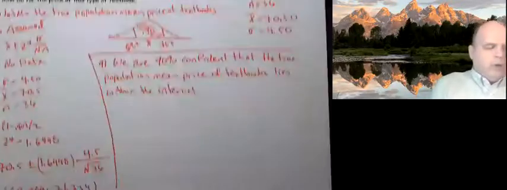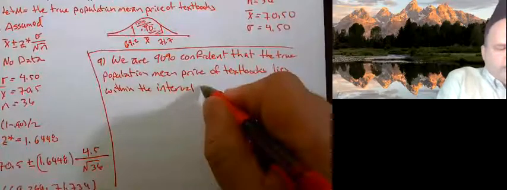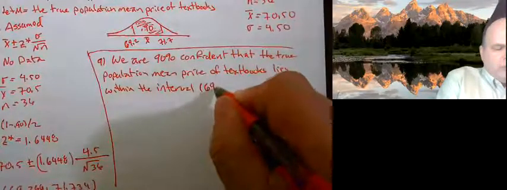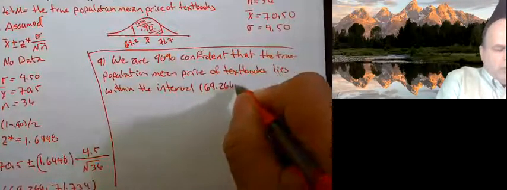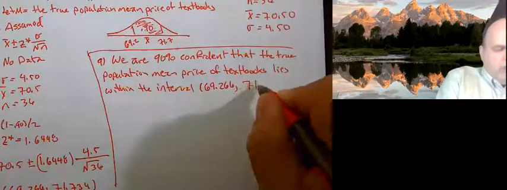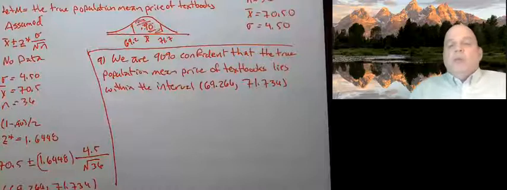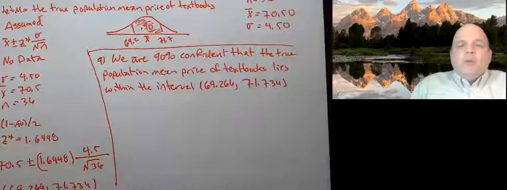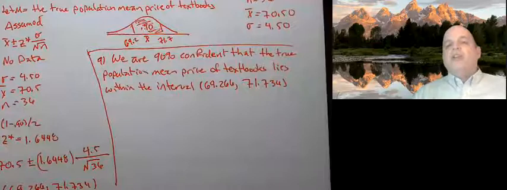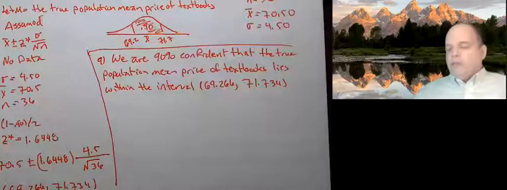And what was our interval? Oh, 69.266 to 71.734. So basically, we think this textbook is going to cost somewhere between $69.26 to $71.73.